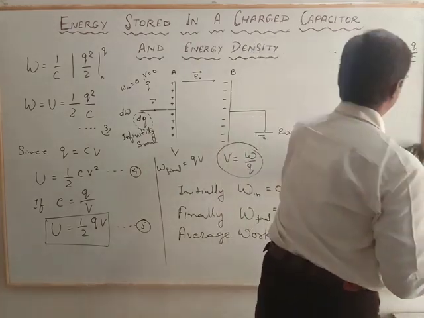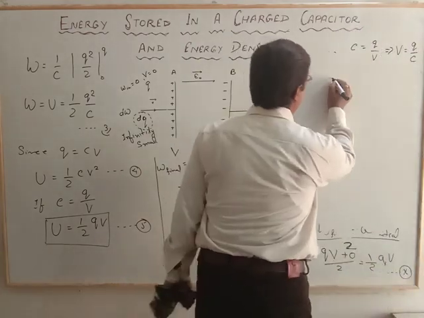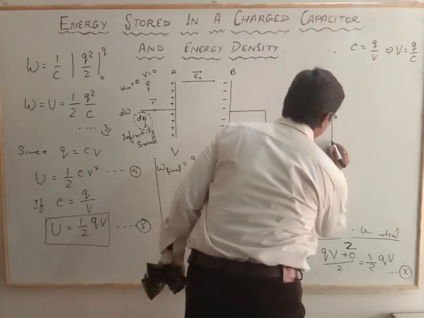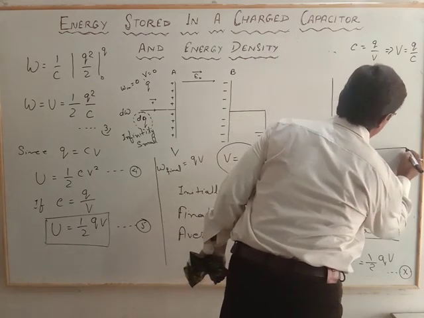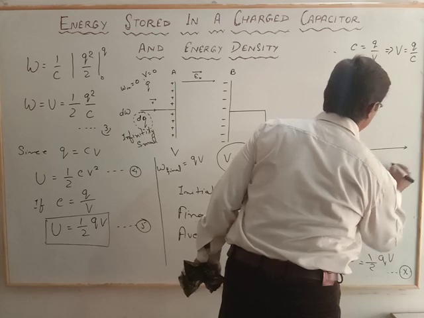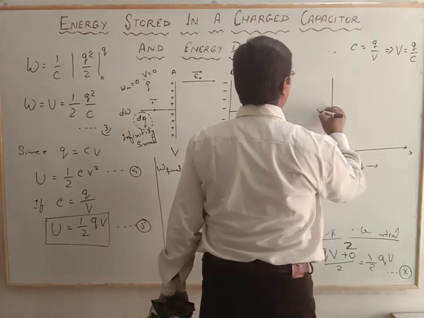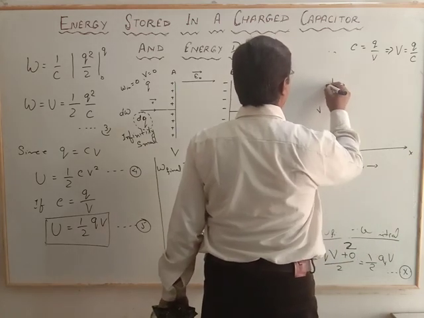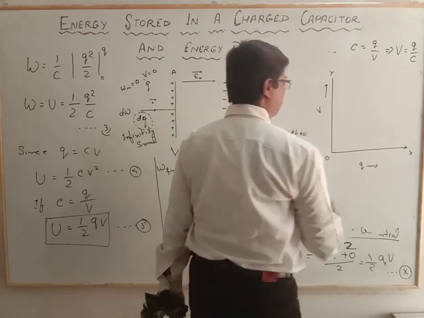In the graph we can understand the work also. This is the potential and this one represents the charge. Q is on the x coordinate and potential V on the y coordinate, and that is 0.